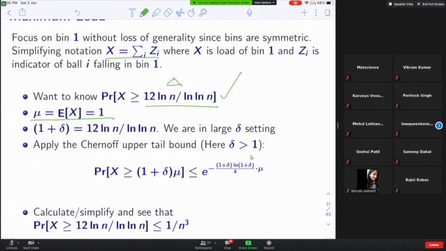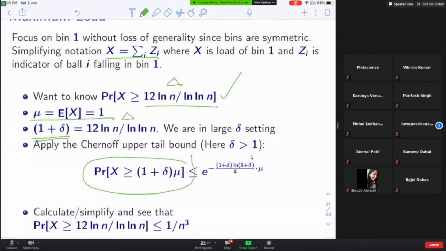Okay. Now I just substitute 1 plus delta to be this quantity, capital delta. What we want to do is upper bound the probability that x is greater than 1 plus delta, with mu equal to 1. So I can write the probability that x is greater than 1 plus delta times mu.